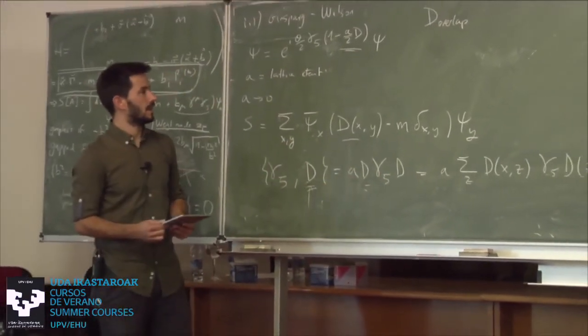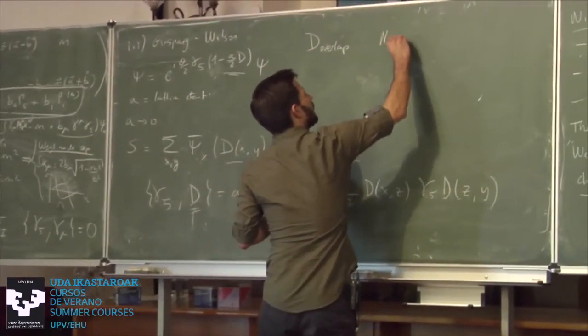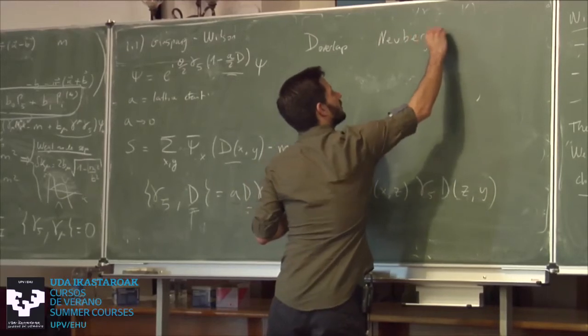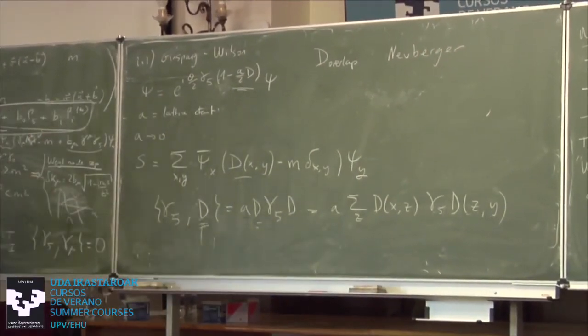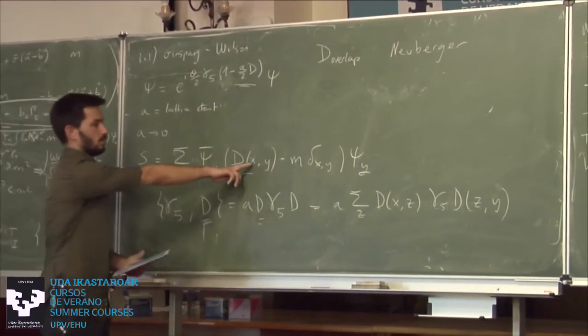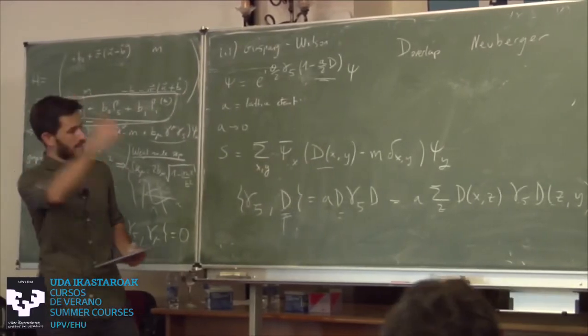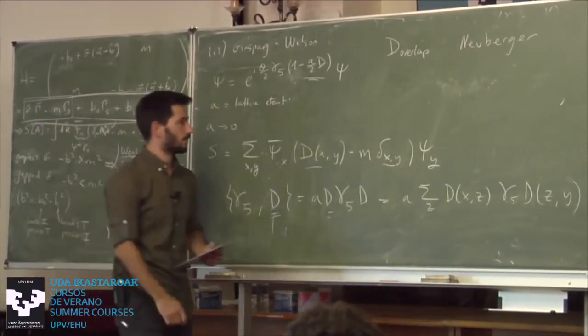And a guy named Neuberger gave an operator D that's local. So it actually only depends on one of these coordinates. So it's a delta function, or a Kronecker function.